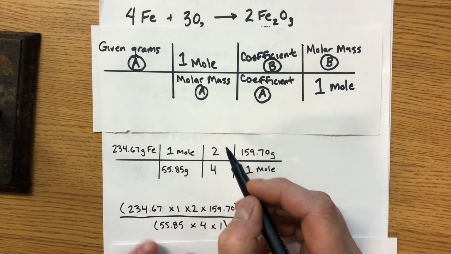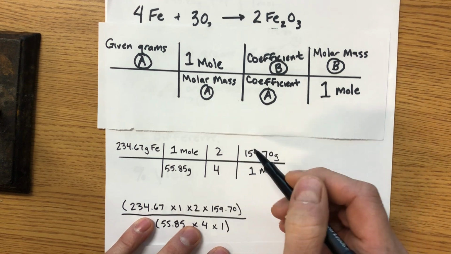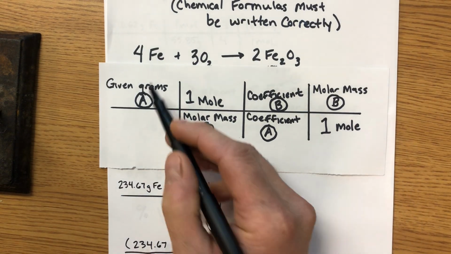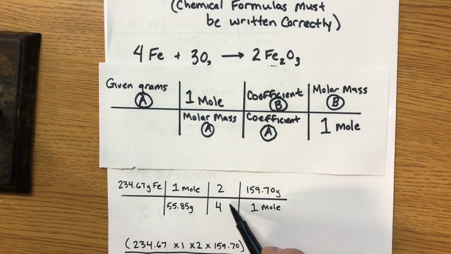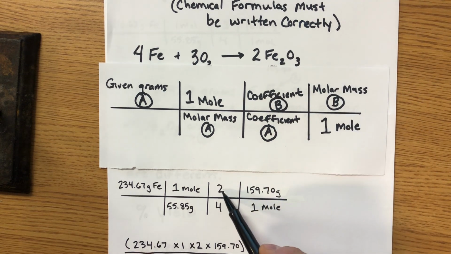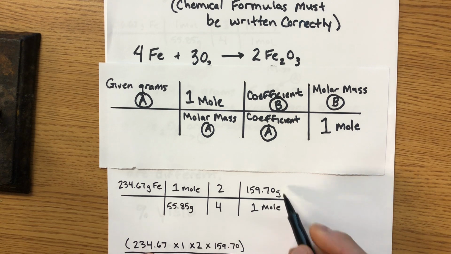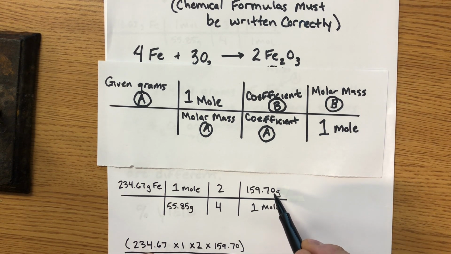And then we've got the coefficients that come from the balanced equation. The coefficient for our chemical A, iron, is a 4, so that's going to go here. And then chemical B, the iron 3 oxide, has a coefficient of 2, so it goes there. That's the mole ratio part of the problem. And then the molar mass of chemical B goes right here, and that's the 159.70.